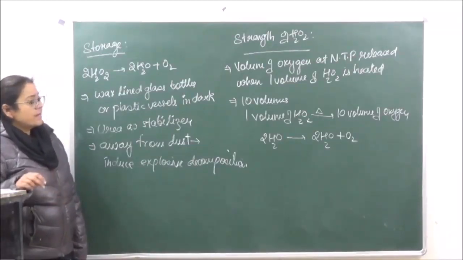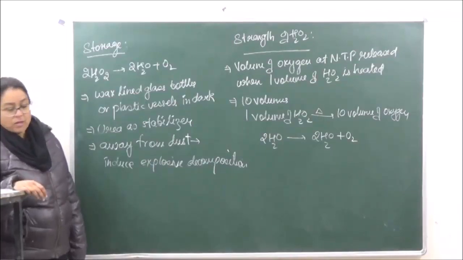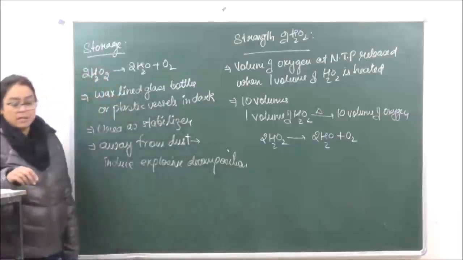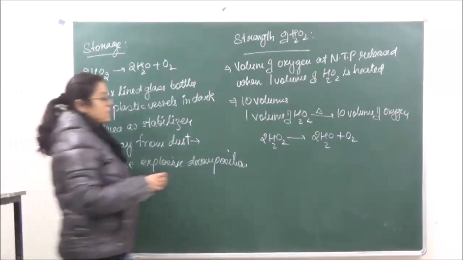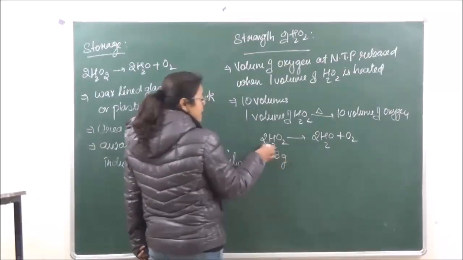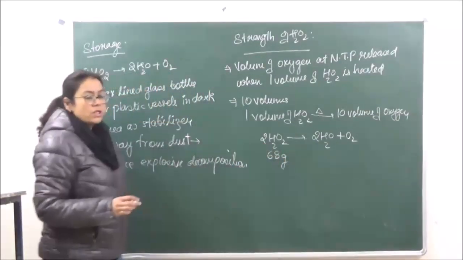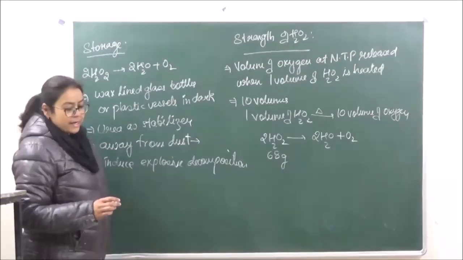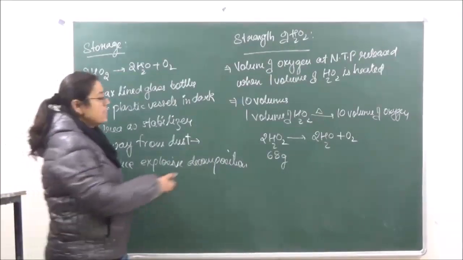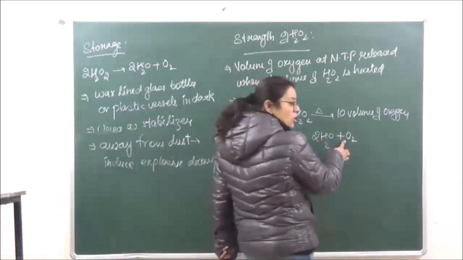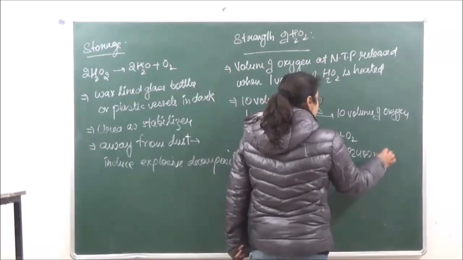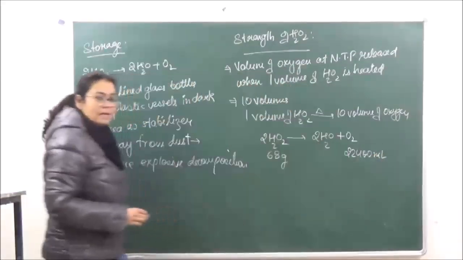Now, when we are talking of 2H2O2, we are talking of the grams. The molecular mass of this will be equal to 68 grams, 2 into 34. Now when we are taking this, we are getting only one volume of oxygen. One volume of oxygen will be equal to 22400 ml.